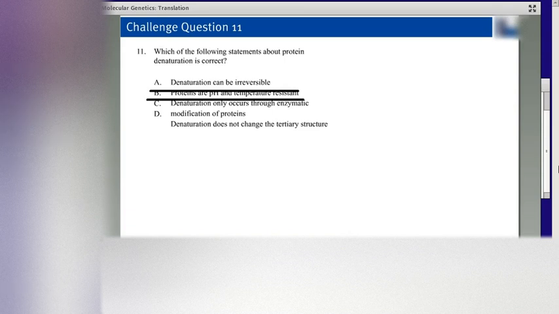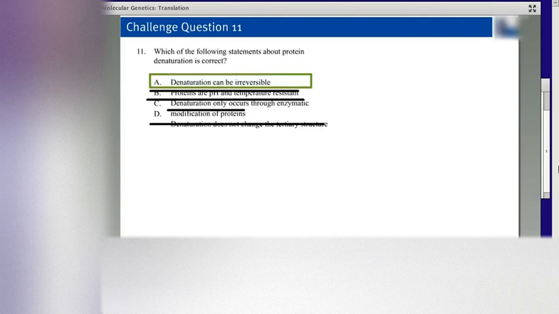And then finally, D, denaturation does not change the tertiary structure. Now, we already said it definitely does change the tertiary structure, so that one's out of there, and now we can go back and see answer choice A is absolutely correct.